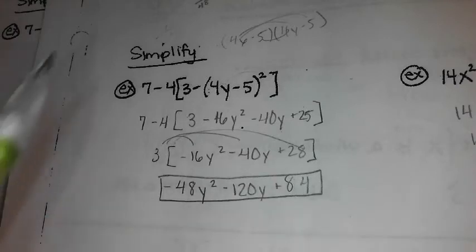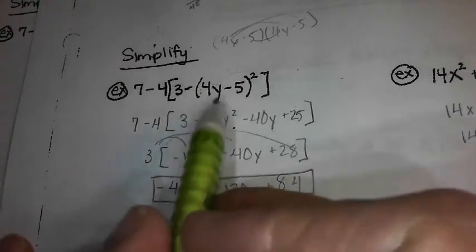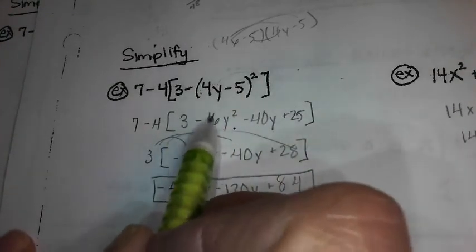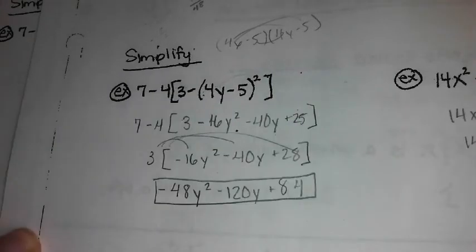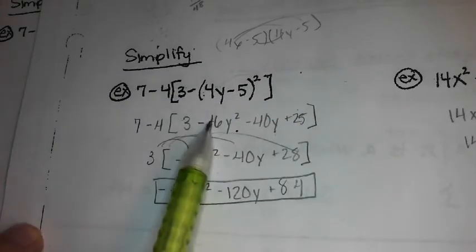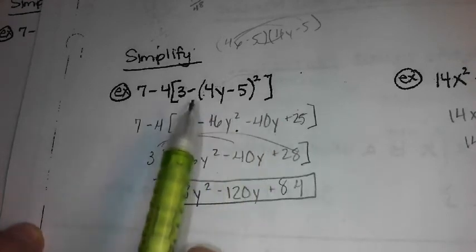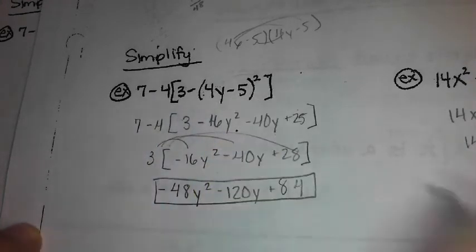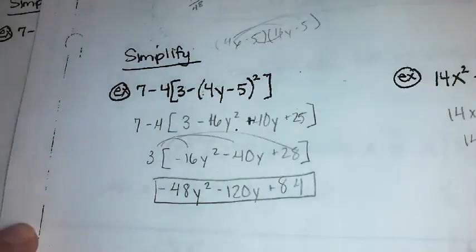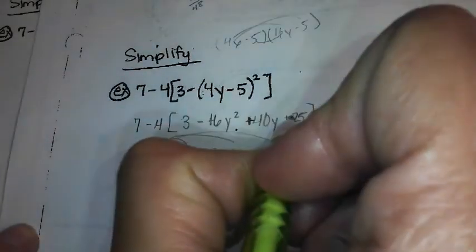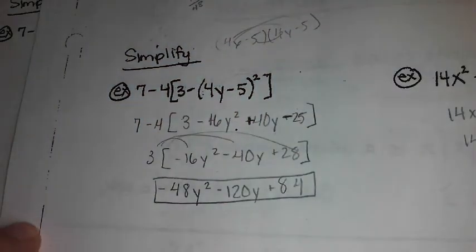Those parentheses cannot be lost because what technically should be there is a minus a trinomial, in which case we all know that needs to be distributed. So it should be a minus 16y squared. This negative 40y, when you do a minus negative 40y, would have become a plus 40y, and the plus 25 with the minus would become a minus 25.